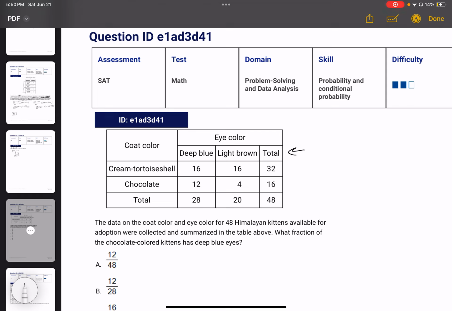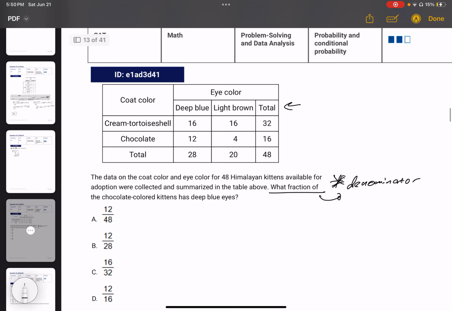So what fraction of, these are key words here, because what fraction of is going to indicate what our denominator is. So really pay attention to what fraction of whenever that's phrased.